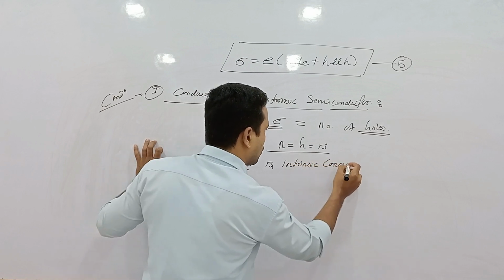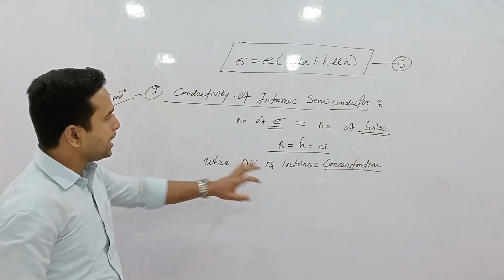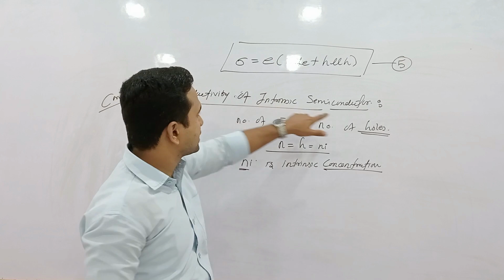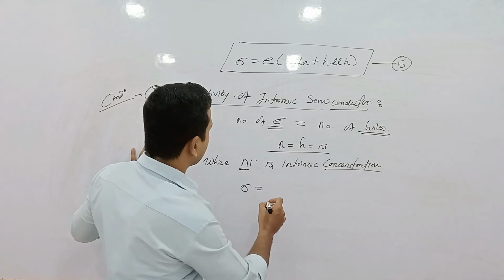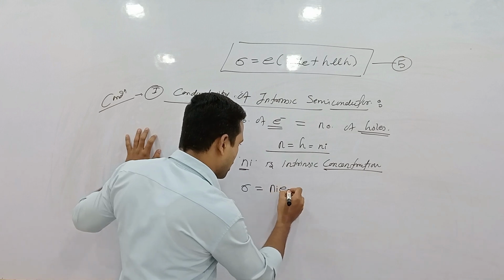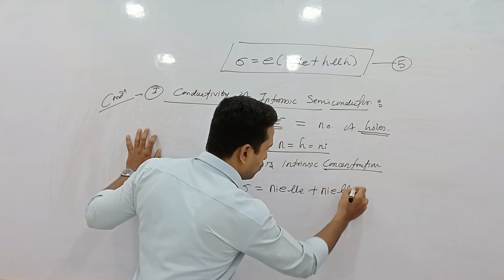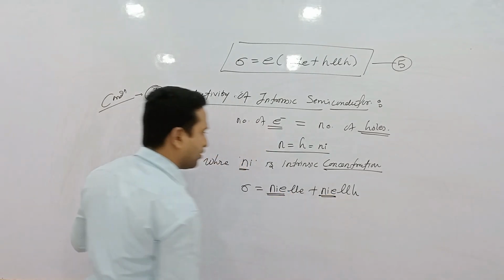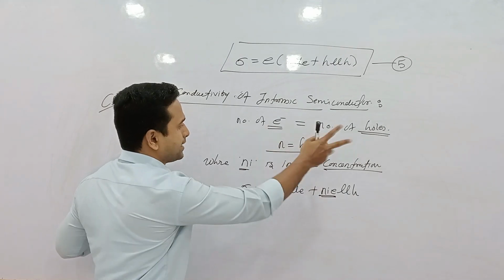Then equation 5 for intrinsic semiconductor we can write sigma is equal to n_i e mu e plus n_i e mu h. Now n_i e will become common because n is indicated by ni and h also by ni in the case of intrinsic semiconductor.